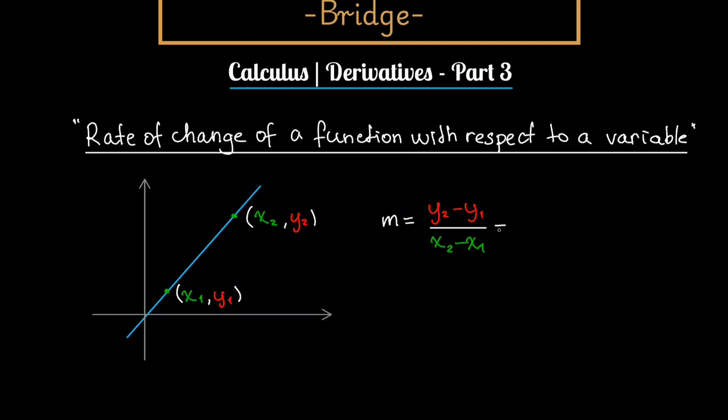Another common notation used is delta y divided by delta x, where delta is simply the Greek letter that represents change. Or, to put it in words, it is simply rise over run.